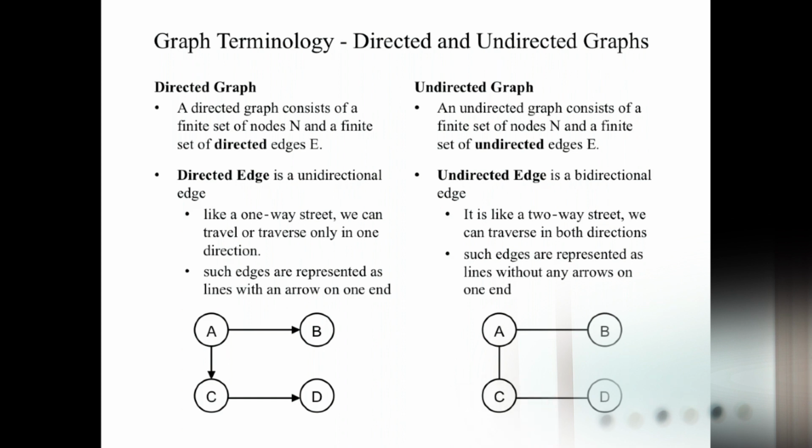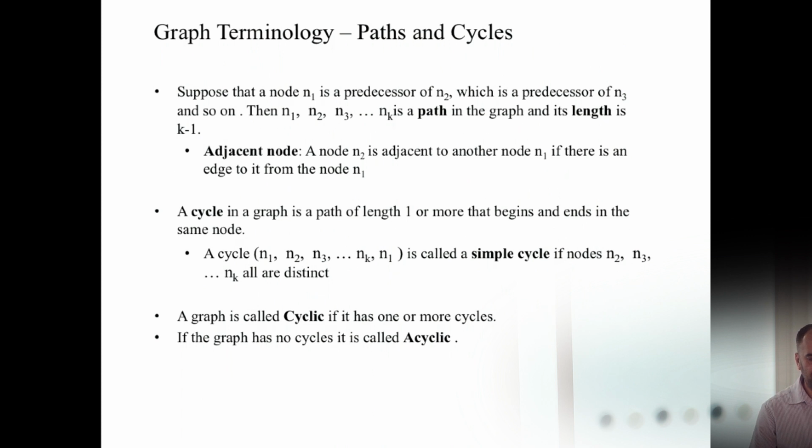So this is something like directed and undirected. Sometimes we use either a directed graph or an undirected graph. But in some cases, you might have a problem that involves a mixed graph, where some of the edges are directed and some of the edges might be undirected. But that depends on the needs you have.